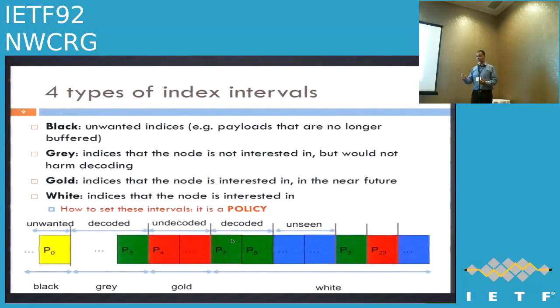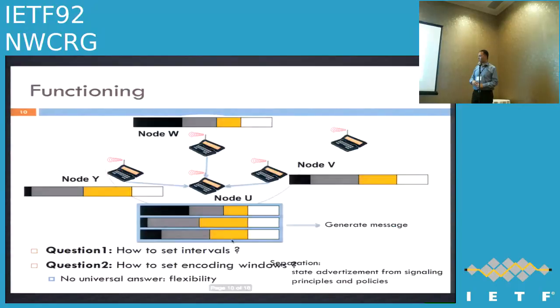Gold intervals are the indices of the payloads that will help it decode some packets quickly. And white intervals are payloads that are still useful, but will help only later in the decoding process. How to set these intervals is a policy, and this can be used to implement very different heuristics.